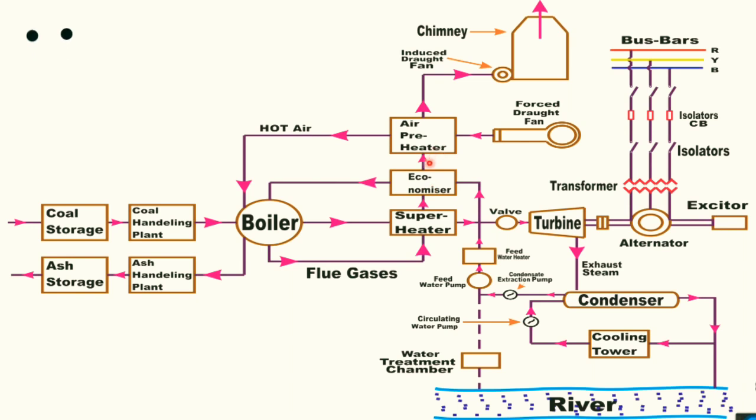Now the flue gases will convert into smoke and so on, so they are fed through the chimney and extracted out. There are a lot of draughts, like natural draught, forced draught, induced draught. We can go into details if there's a requirement. So basically the air preheater heats the inlet air which is fed to the furnace.